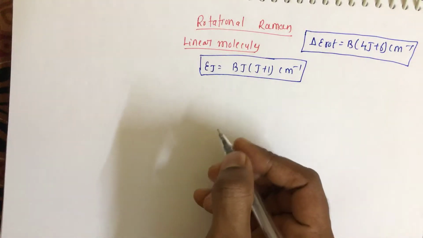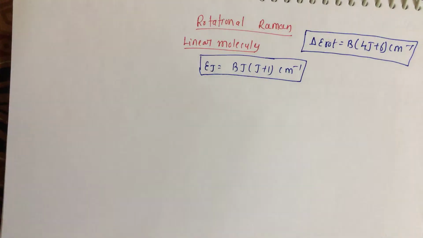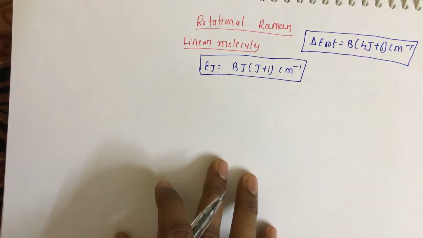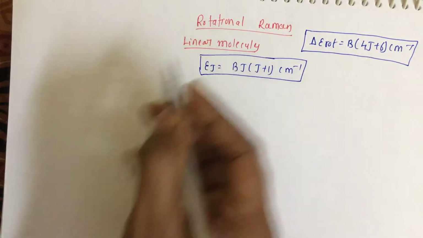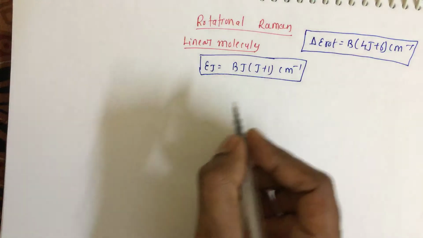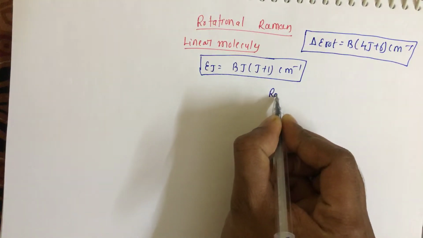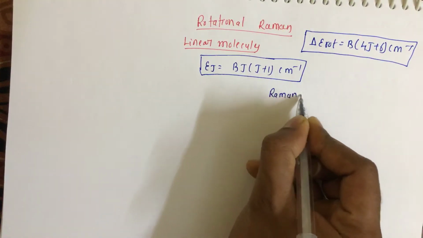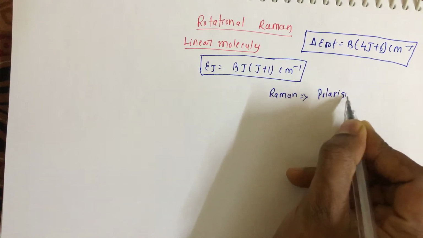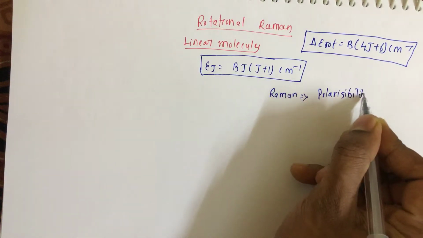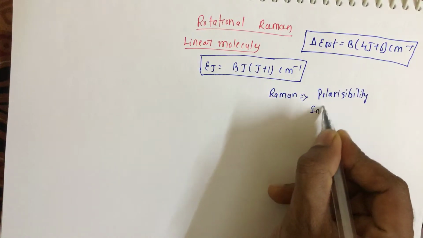Here I want to explain the theory of rotational Raman spectroscopy, and why we call it rotational Raman spectroscopy. We know Raman spectroscopy requires a change in polarizability, or an induced dipole moment.